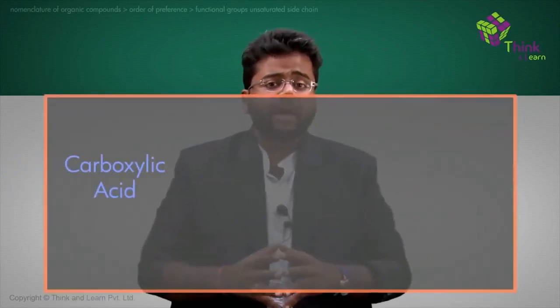Now, what happens if I have 2 functional groups in the same chain? Remember I talked about prefixes. Yes, every functional group has a proper prefix. So over here, there's a priority series according to which we assign priority to the functional group. Say I have carboxylic acid and I have alcohol.